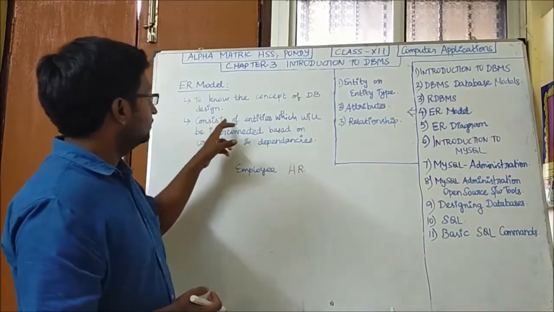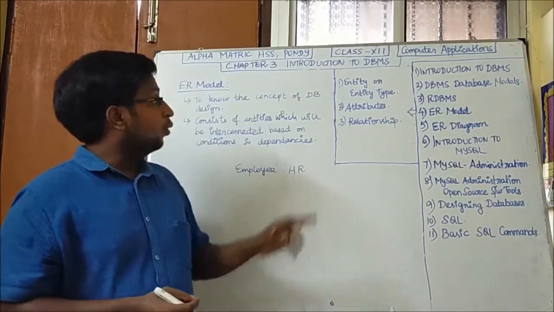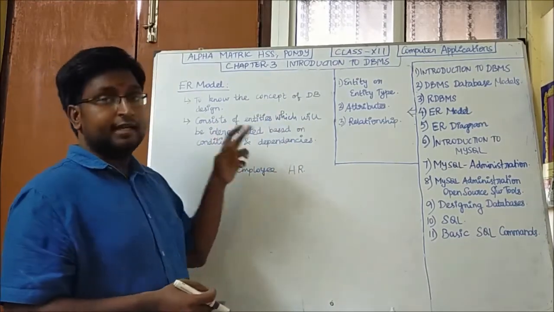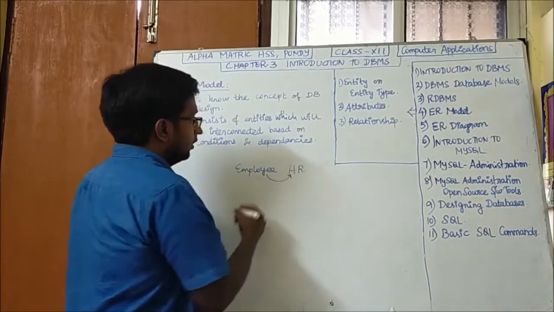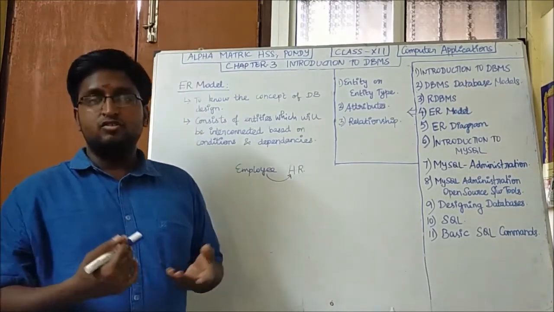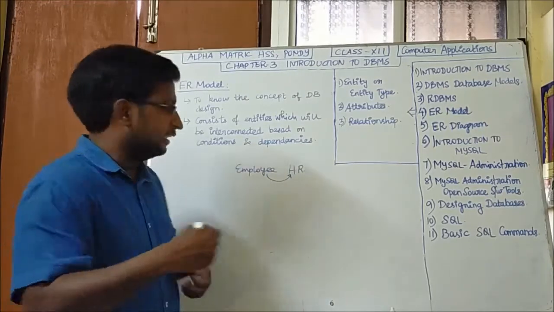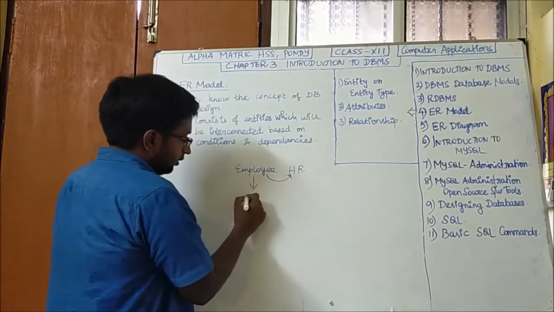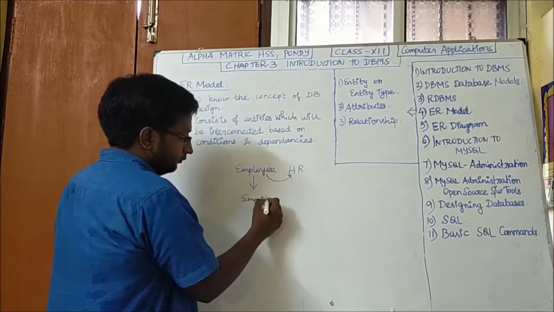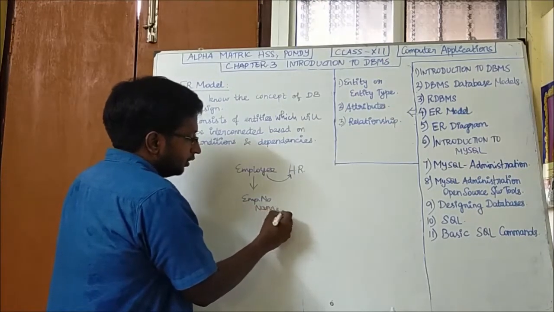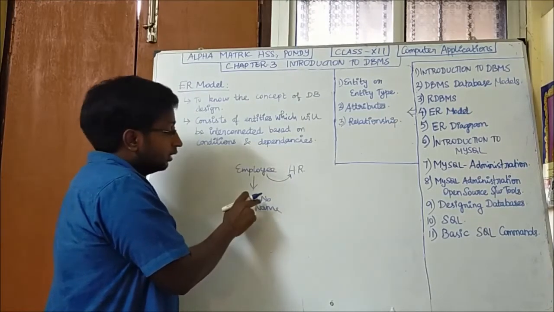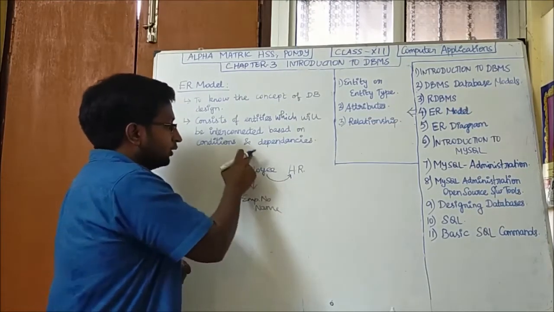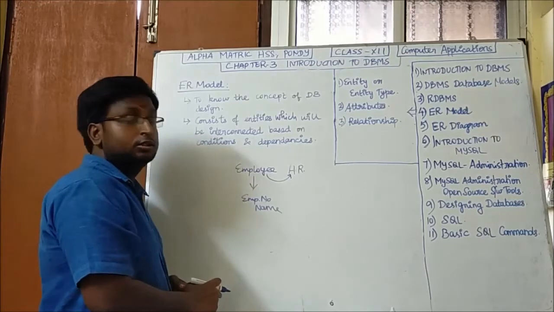The ER model consists of various entities which are interconnected based on some conditions or dependencies. For example, employee number and name are entities too, and these two are dependent on the main entity called employee.